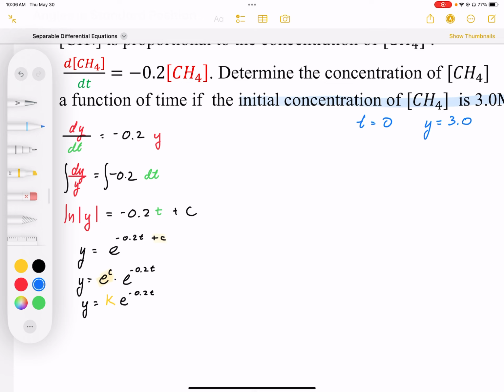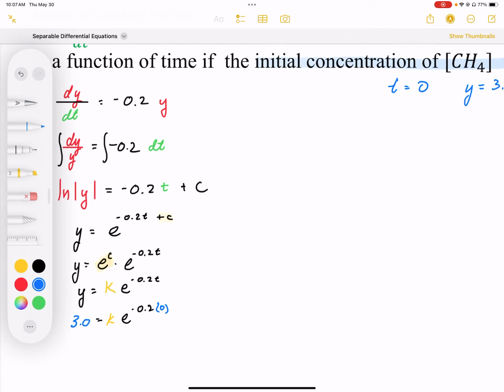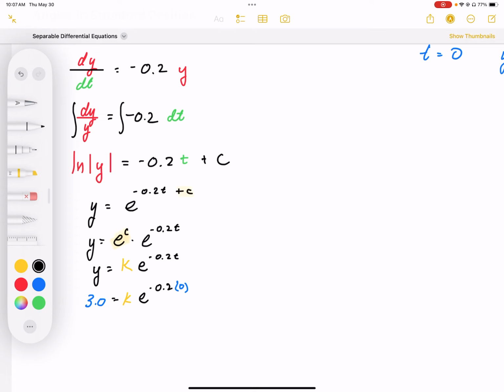So plugging that in, 3.0 is equal to k e to the negative 0.2 times 0. That becomes e to the 0, which is 1. So we end up with our k value equaling 3.0.